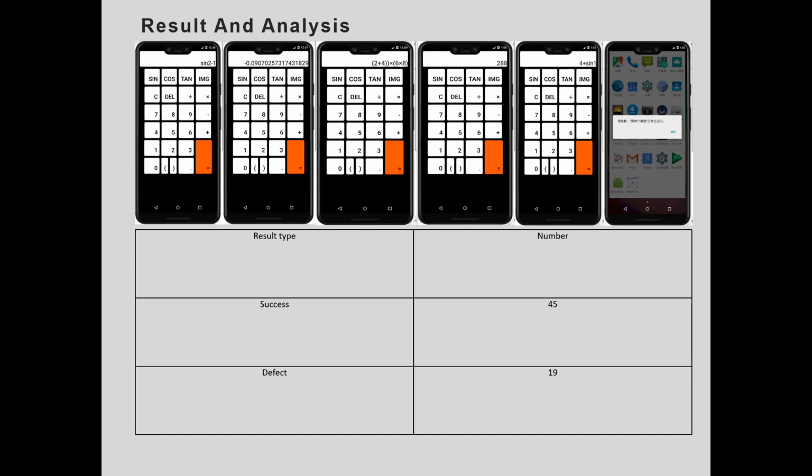So I can get the failure rate, which is 29.6875%, and the success rate is 60.3125%. For a calculator app, this result is totally unacceptable because when people use a calculator, they always want to get the correct answer without any crash problems, which destroy the user experience severely.